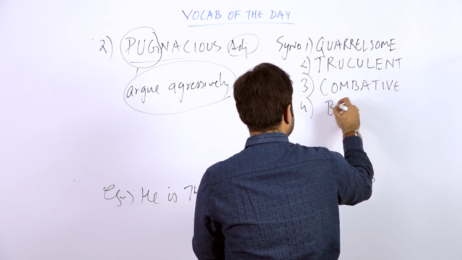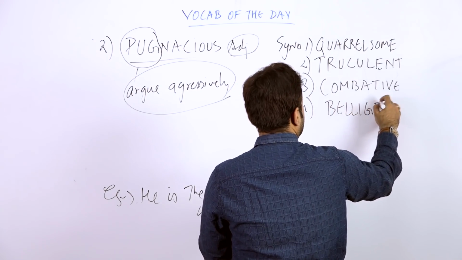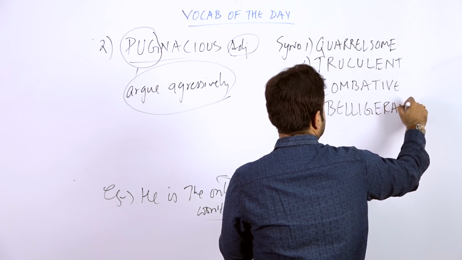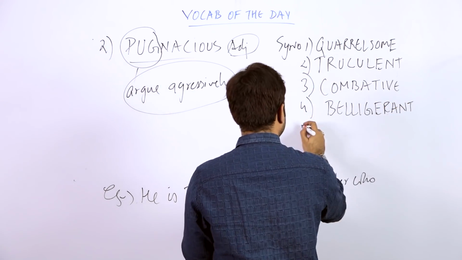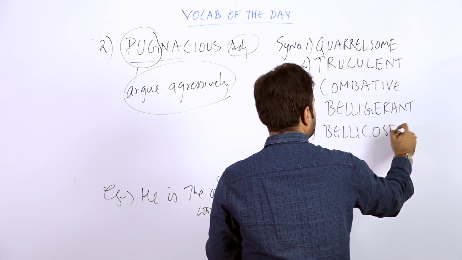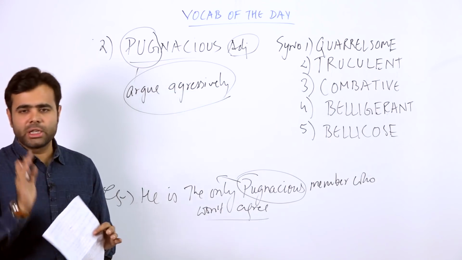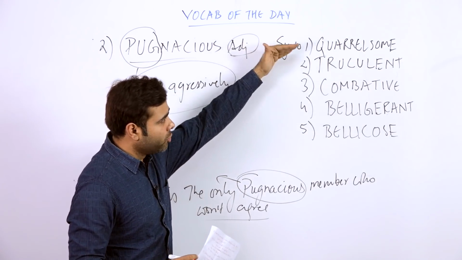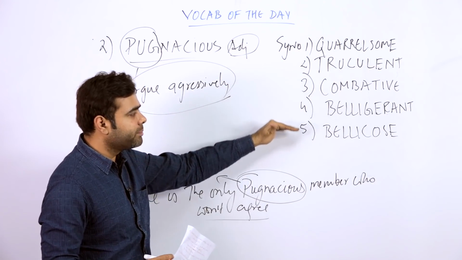The fourth word you can take is belligerent. Belligerent is also used for two nations or states who are involved in a kind of fight. Are you getting it, students, what I am saying? Keep on writing, taking down, listening to everything very carefully while you are watching this video, because everything is very interesting and important. Quarrelsome, truculent, combative, belligerent, bellicose.